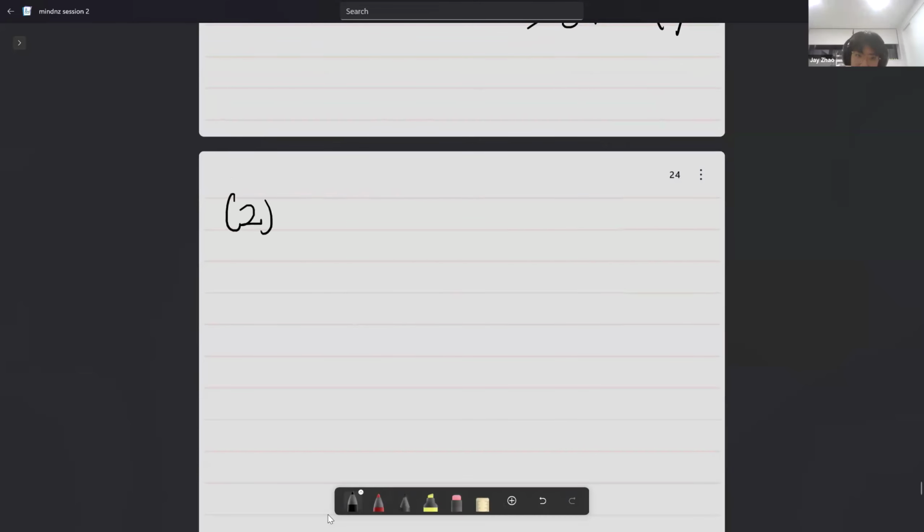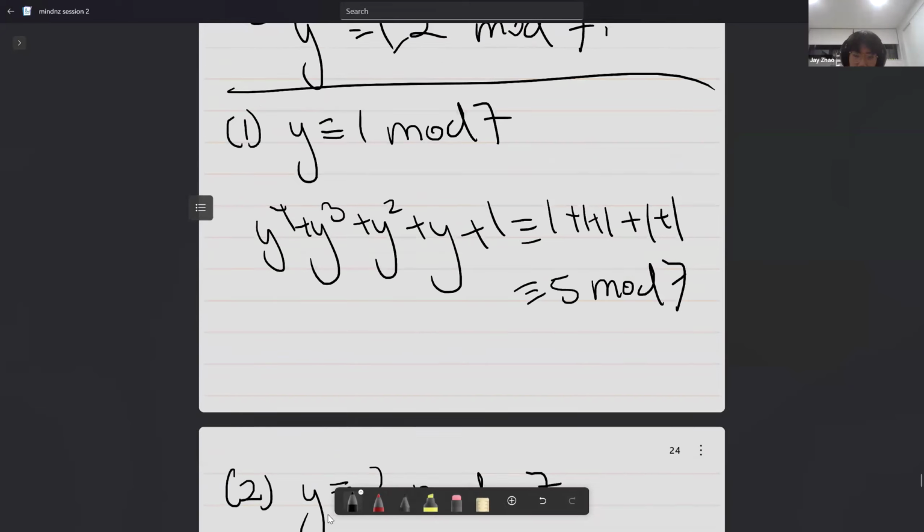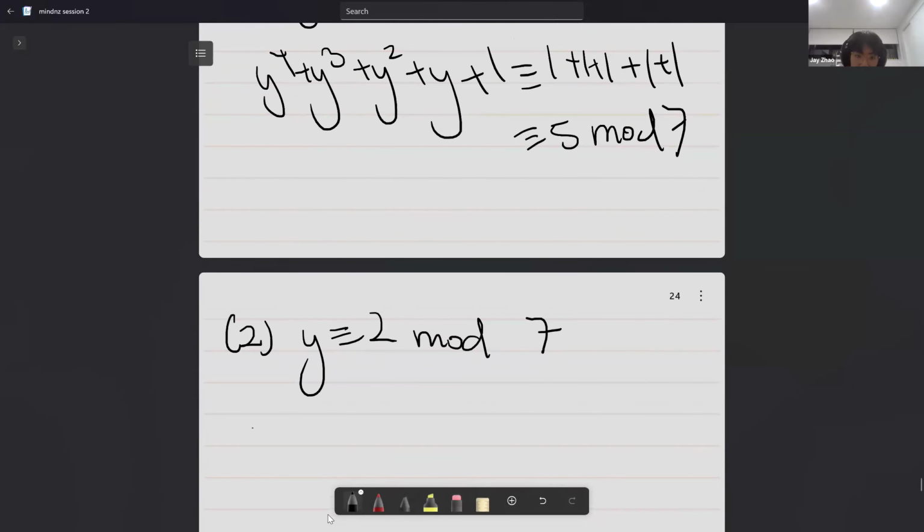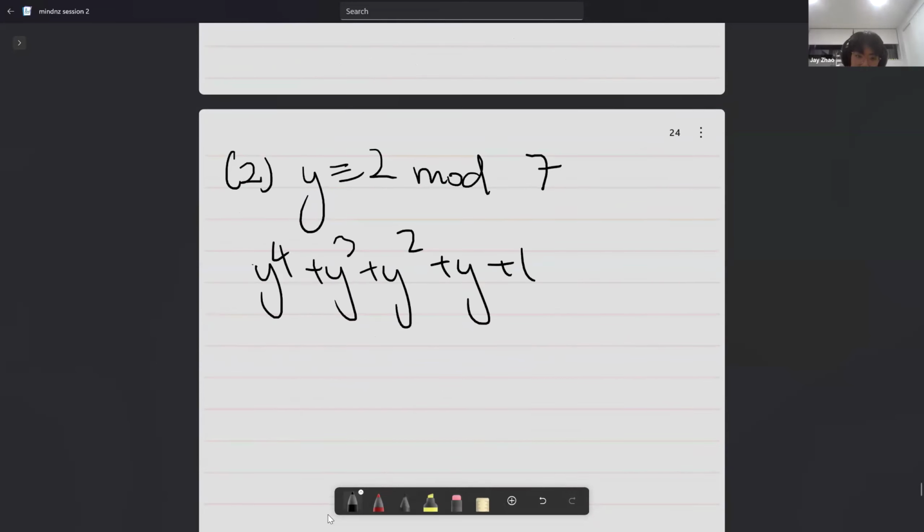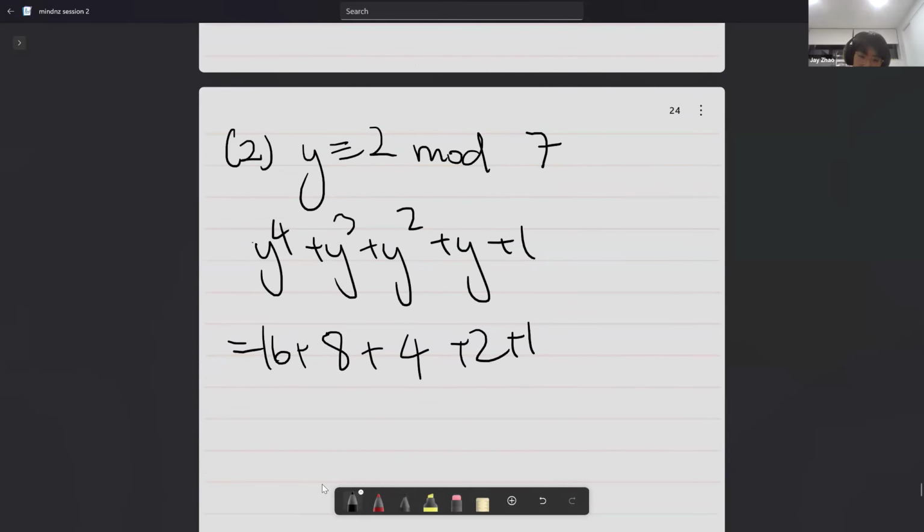So now let's try the case where y is equivalent to 2 mod 7. Now y^4 plus y^3 plus y^2 plus y plus 1 is equal to 16 plus 8 plus 4 plus 2 plus 1.